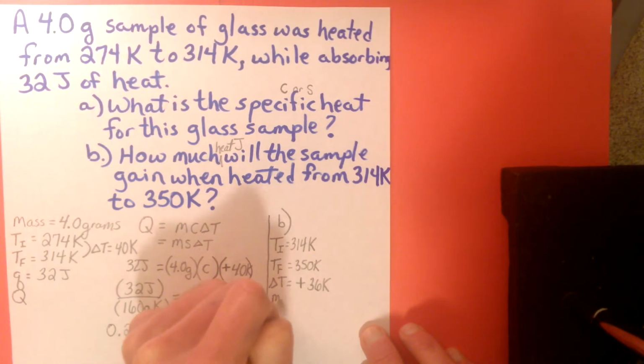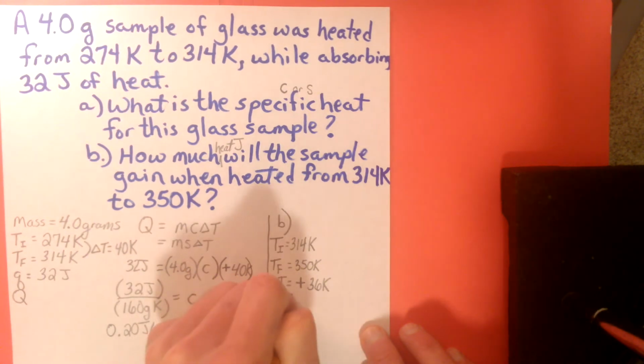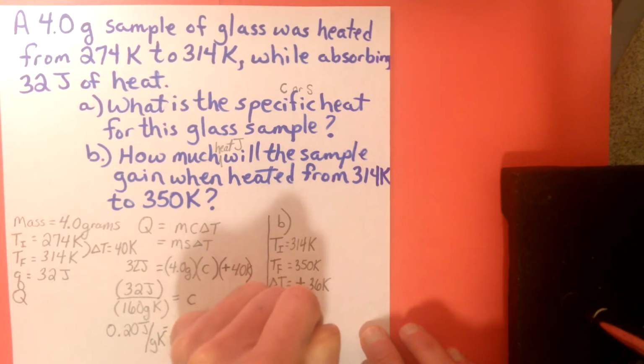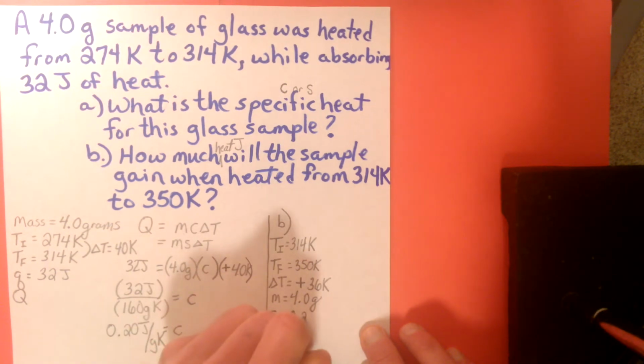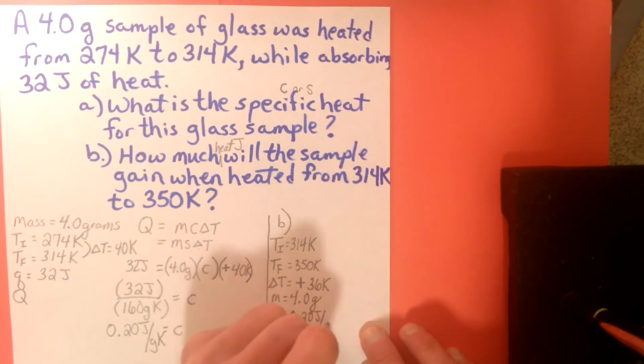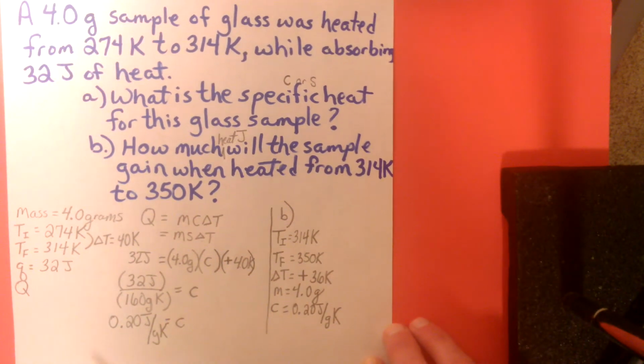Okay, we need our mass. It's this same sample, so it's going to be that 4.0 grams. Now we just found our specific heat capacity, 0.20 joules per gram Kelvin. So we've got all of those pieces of information.